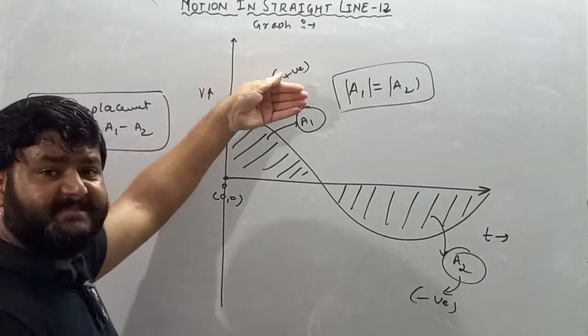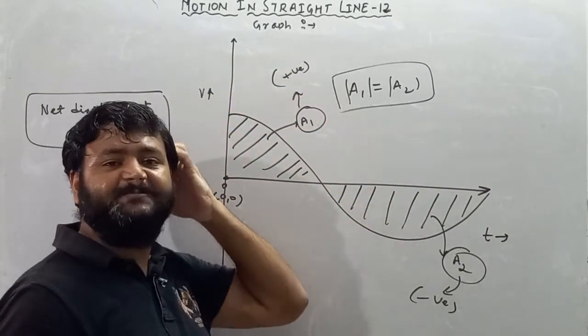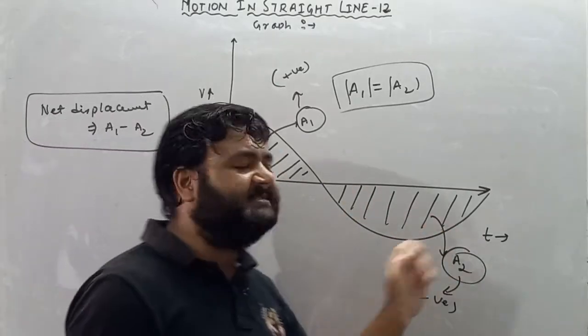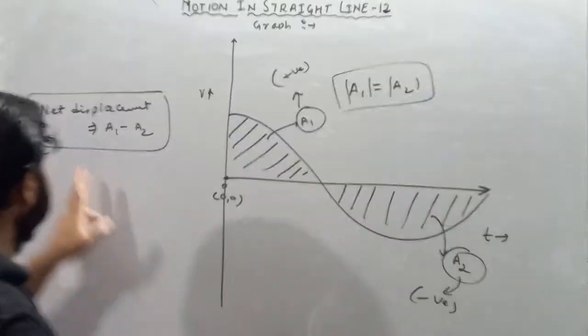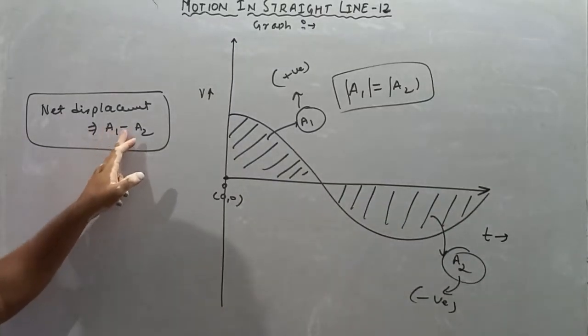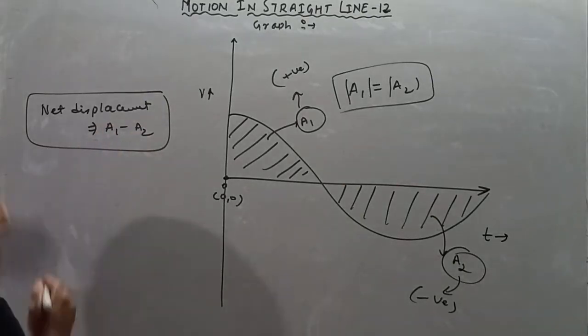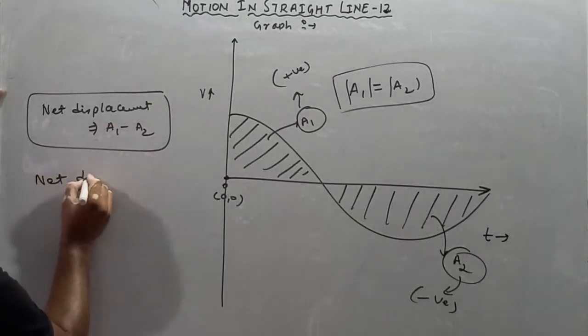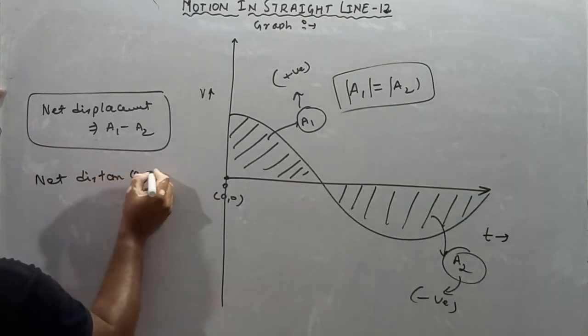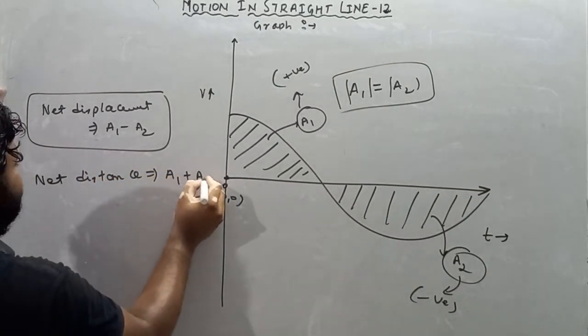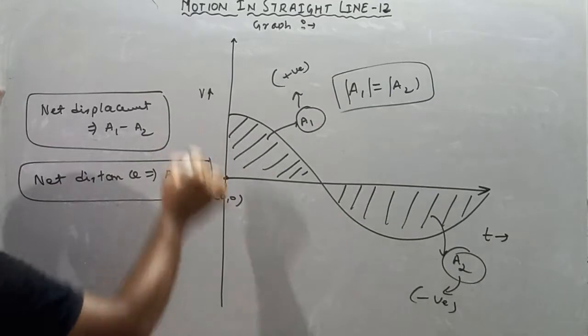If some area is above origin and some area is below origin under the velocity time graph, then net displacement must be above origin area minus below origin area. But if you find net distance, then it is nothing but A1 plus A2 under the velocity time graph.